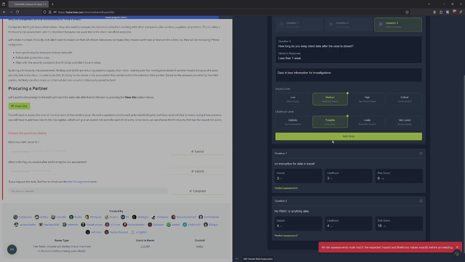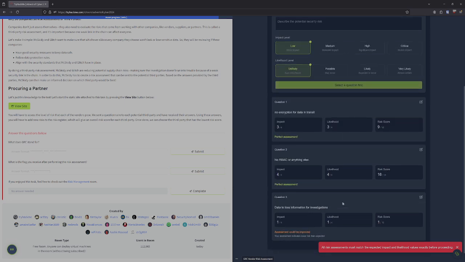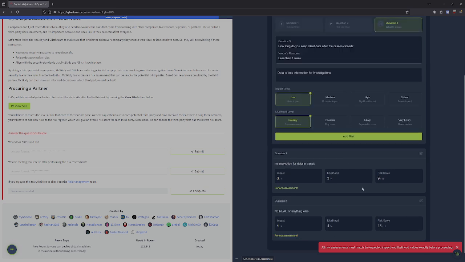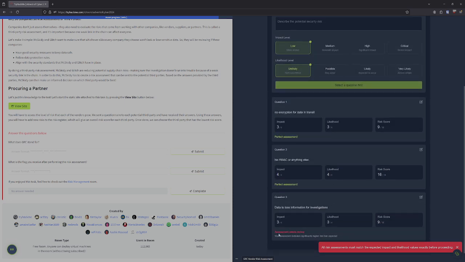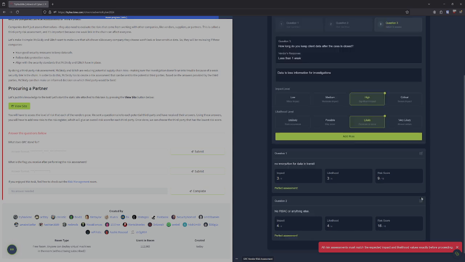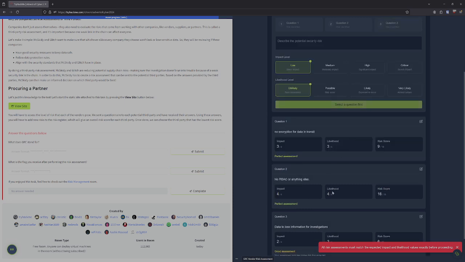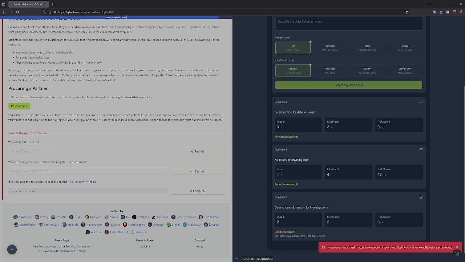Okay, so it's not at all correct. It's going to say your assessment indicates lower than expected. So I honestly have no idea what is going on here. Significantly higher risk than expected. I don't know what this is supposed to be. Good assessment. Your assessment indicates higher risk than expected.